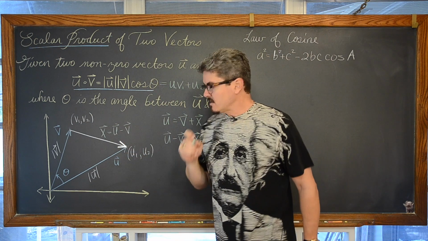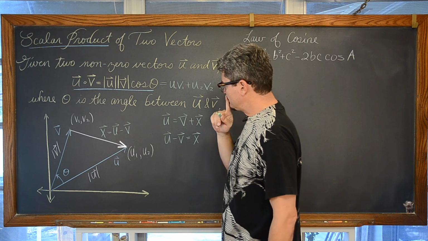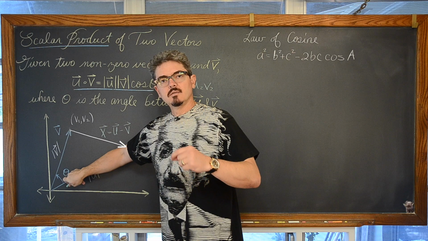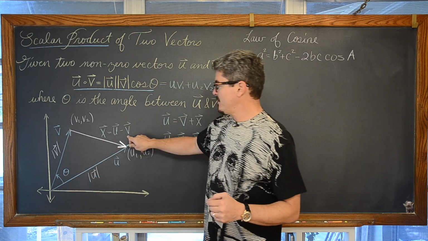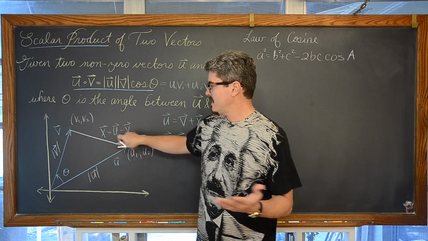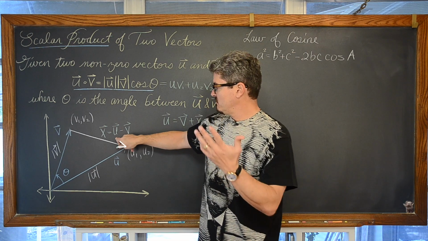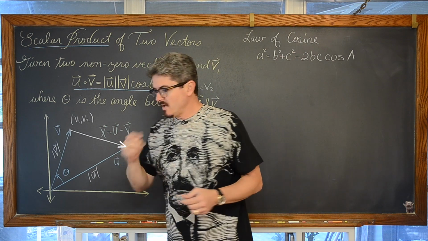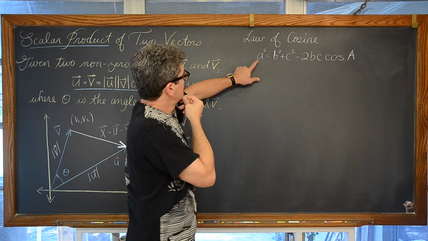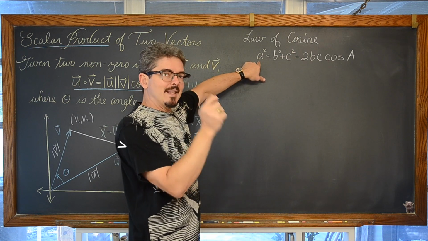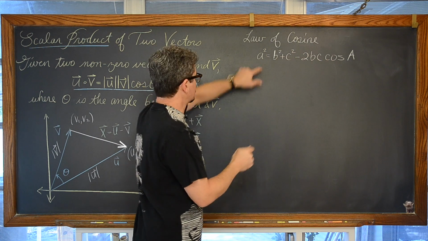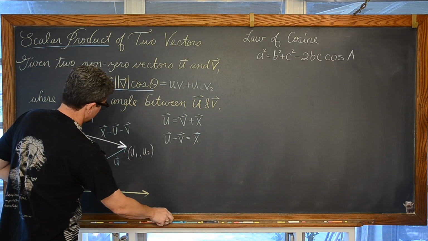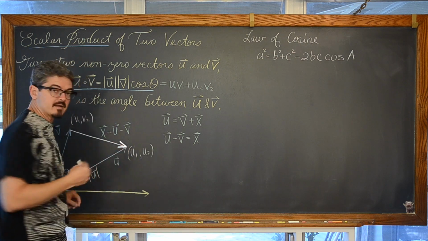With all of this notation now, and the fact that theta, the measure of this angle theta, is opposite this side here, which is now labeled as vector u minus vector v, we have, okay, now also these are lengths, right? The lengths of sides. Well, the lengths of these vectors are their magnitudes.